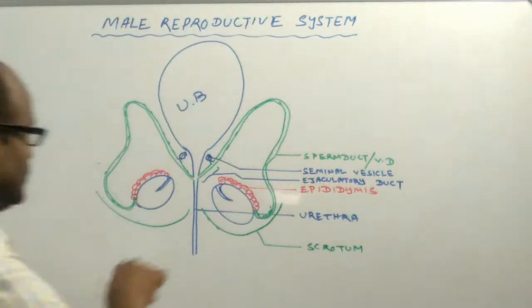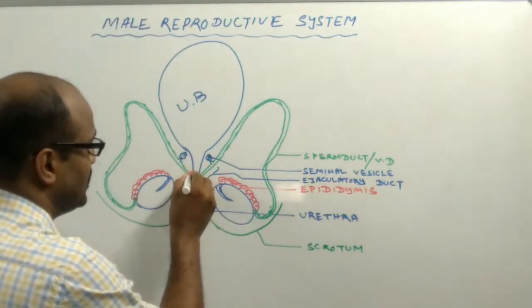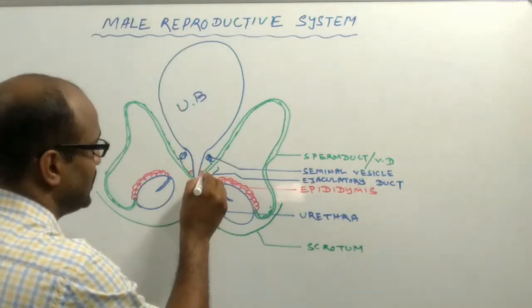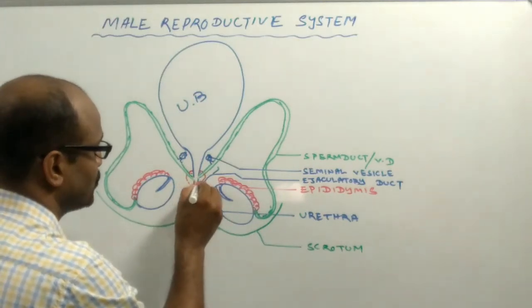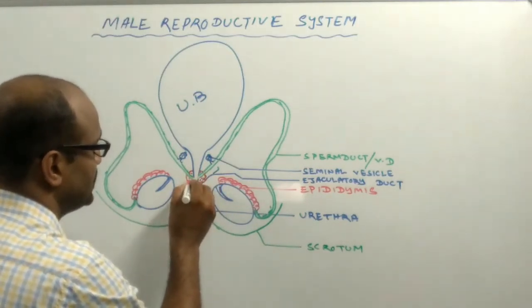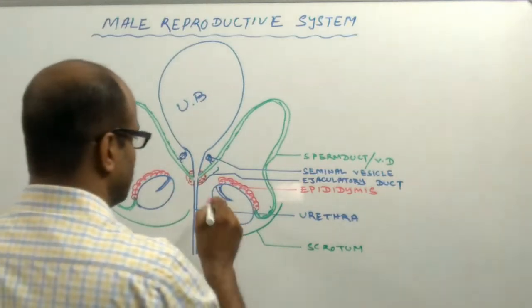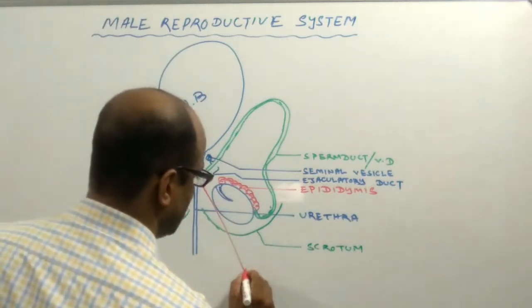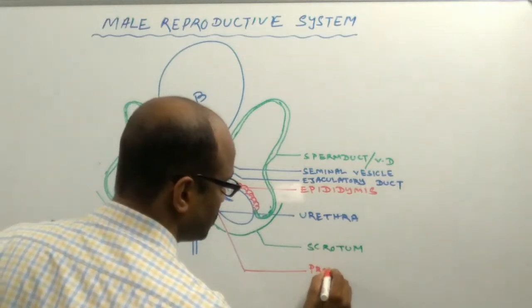So this junction of the urethra and ejaculatory duct is surrounded by another gland, and this gland is known as the prostate gland.